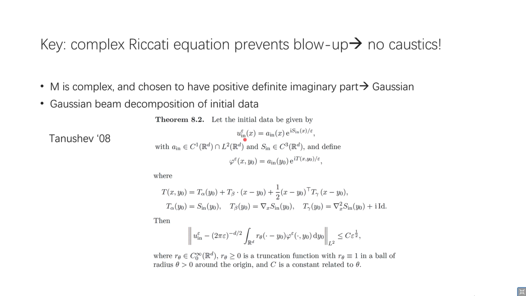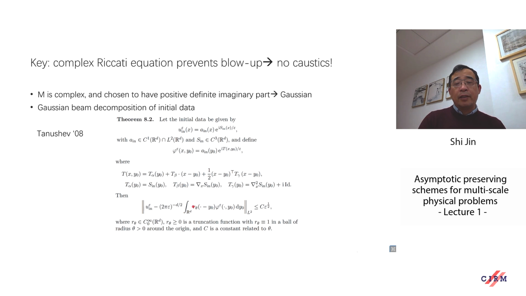So if you start with any general initial data, say WKB initial data, you superimpose this initial data into a summation of a bunch of Gaussians. That's why you have this integral. y0 is the center of the Gaussians. All right, so you evolve each of these Gaussian beams, for all these y0, which are the centers. You essentially have to add all these Gaussians.